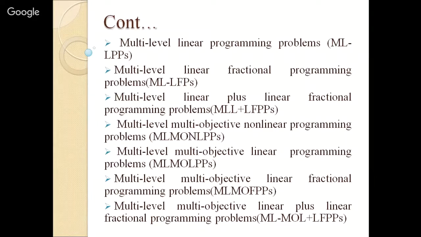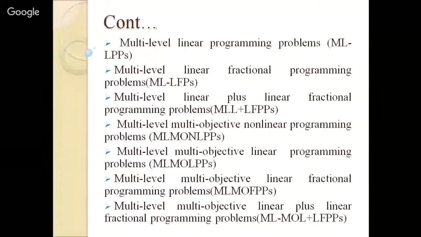Because there is a conflict of interest, they have constraints, so it is very difficult to find the solution which will optimize your first level, second level, and third level. It is very difficult. So in that case we will find the satisfactory solution. Again, if objective functions or constraints are in fractional format, then it becomes more difficult. Right?